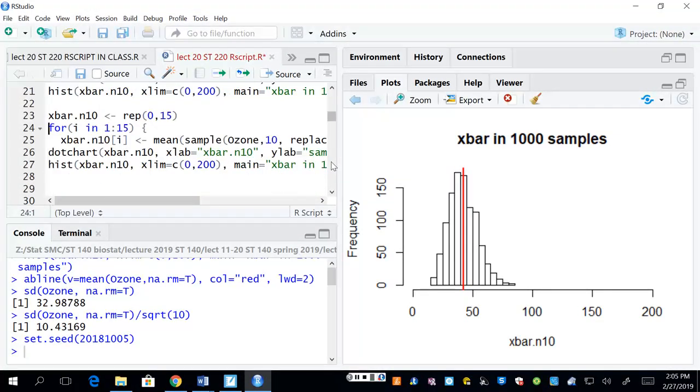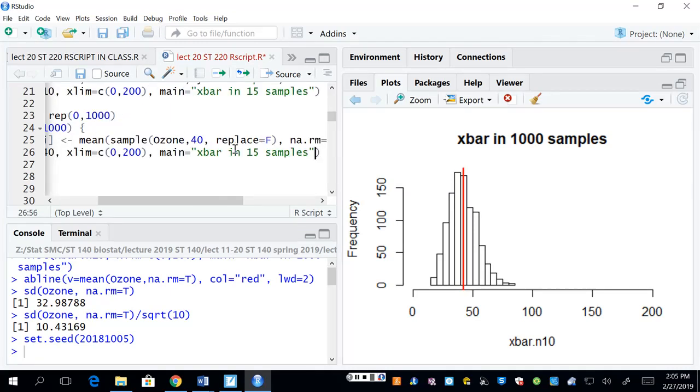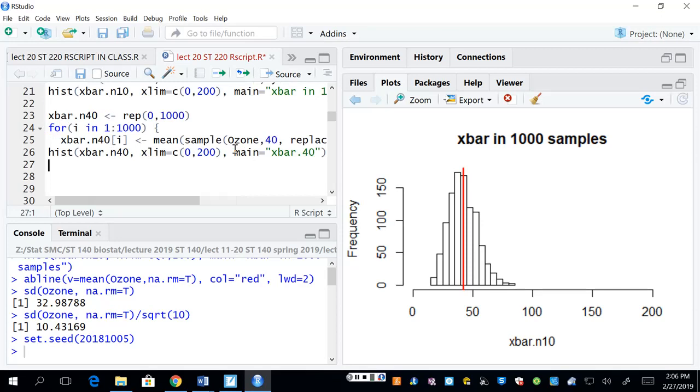So I'm going to do 40 of these things 1,000 times. I'm going to go through all my 1,000 times, and I'm calling this thing with 40. I'm going to sample 40 there. I don't want to do that little dot chart thing, so get rid of that. And then I'll do my histogram. That's X bar 40. Change the label.